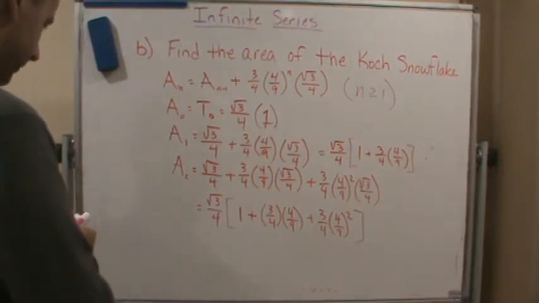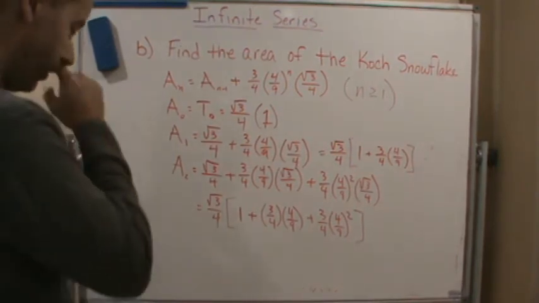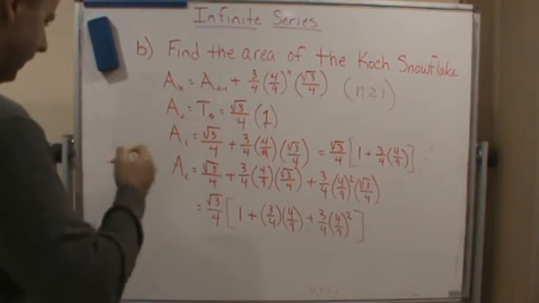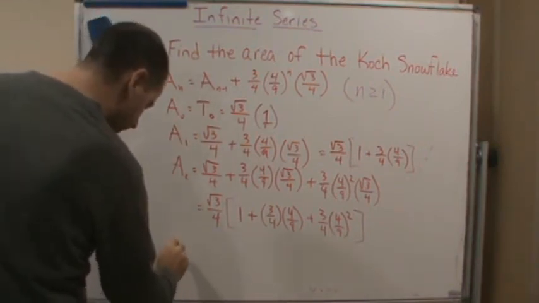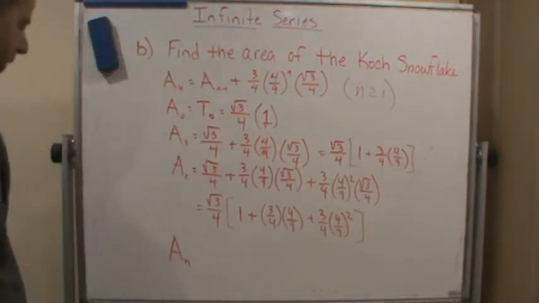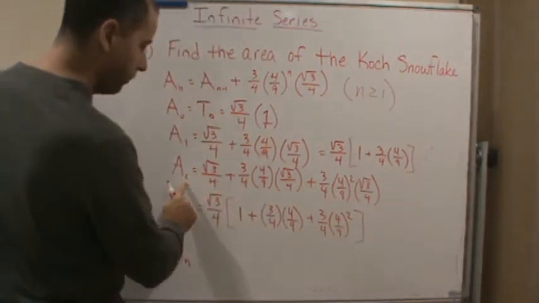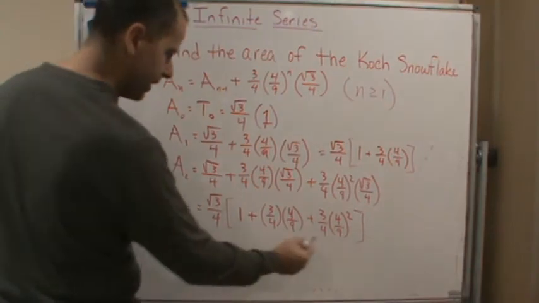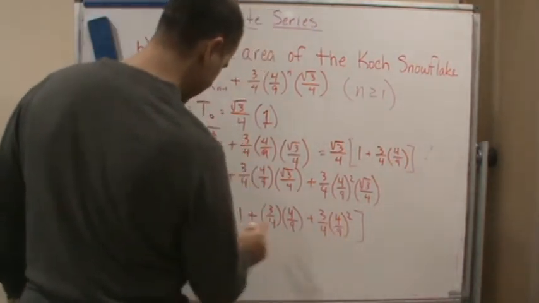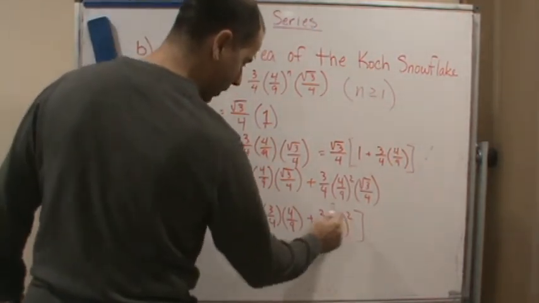So let's do this. If we take all of this into consideration, then a sub n, we could write it this way. So this is 2, 2, 1, 1. It seems like for the nth term we're going to have the nth power here.